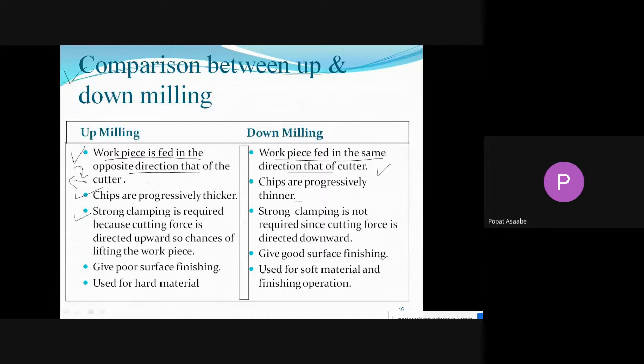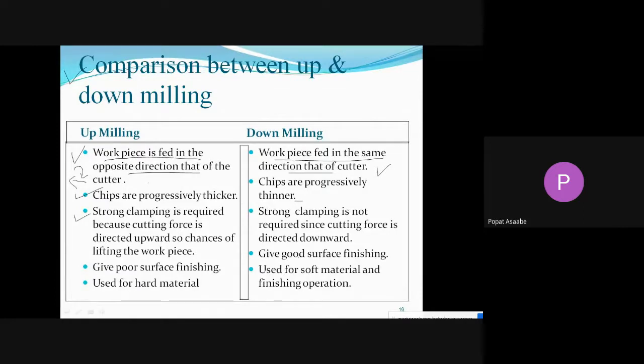Okay, in up milling, strong clamping is required, because the cutting force is generated in the upward direction, so there may be chances of lifting the workpiece.